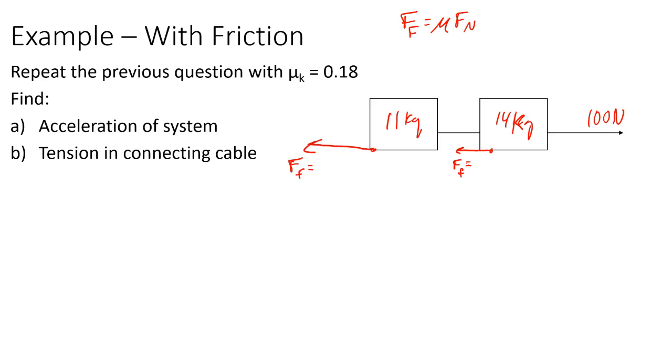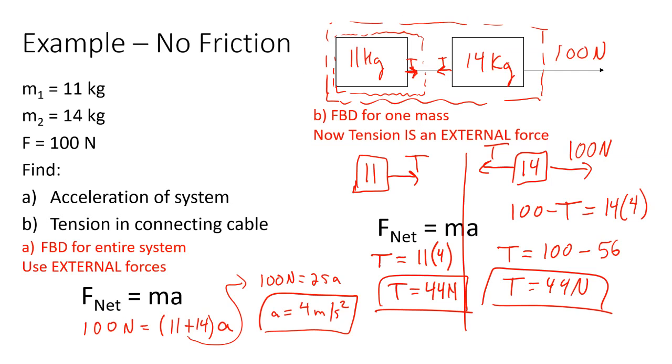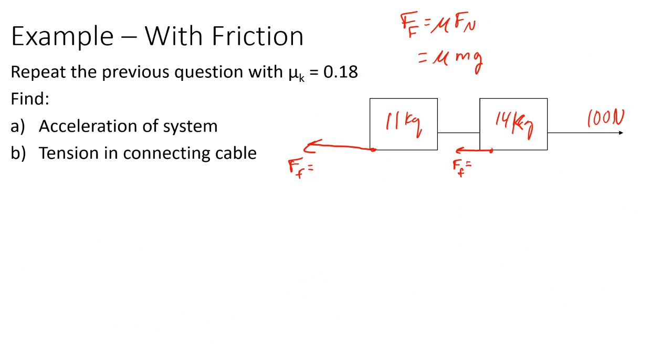And in either of these cases, our normal force is going to be equal to gravity. So my force of friction is going to be mu times mg. So for my 11 kilogram mass, my mu times mg is going to be 0.18 times 11 times gravity.